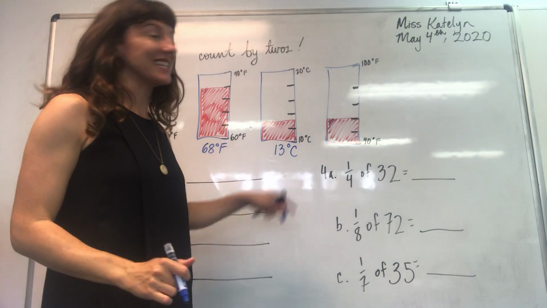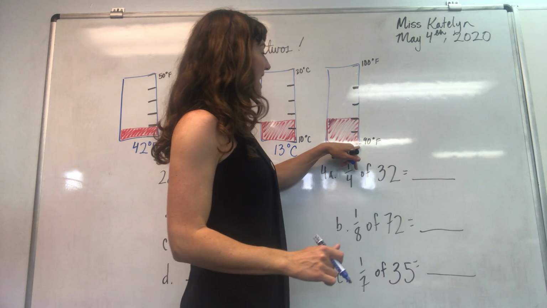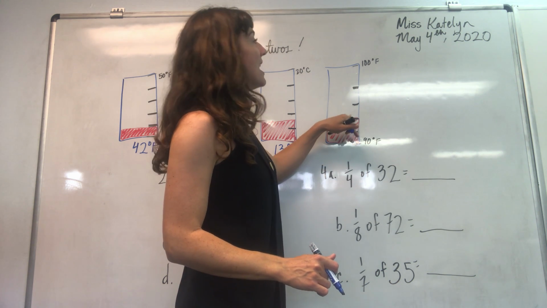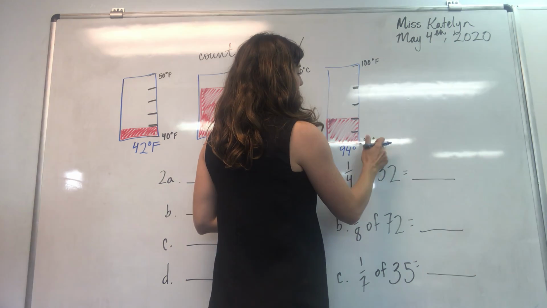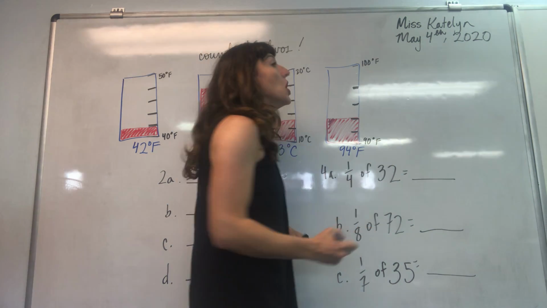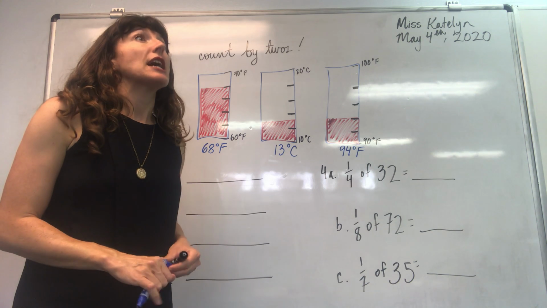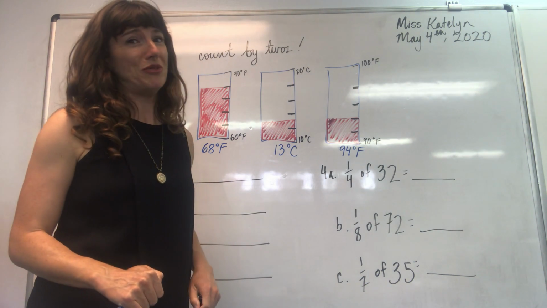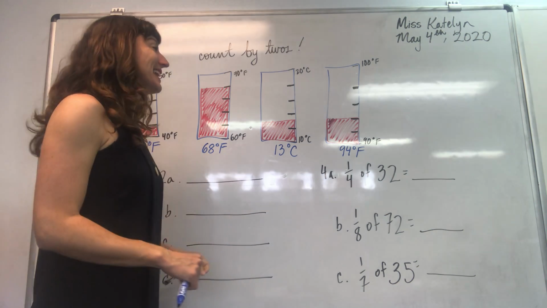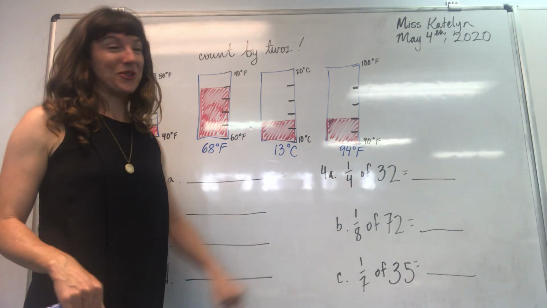This one is Celsius. And over here we have 90, 92, 94. This is 94 degrees, and we're back in Fahrenheit. That's a really super hot temperature. All right, that is a hot day for sure.